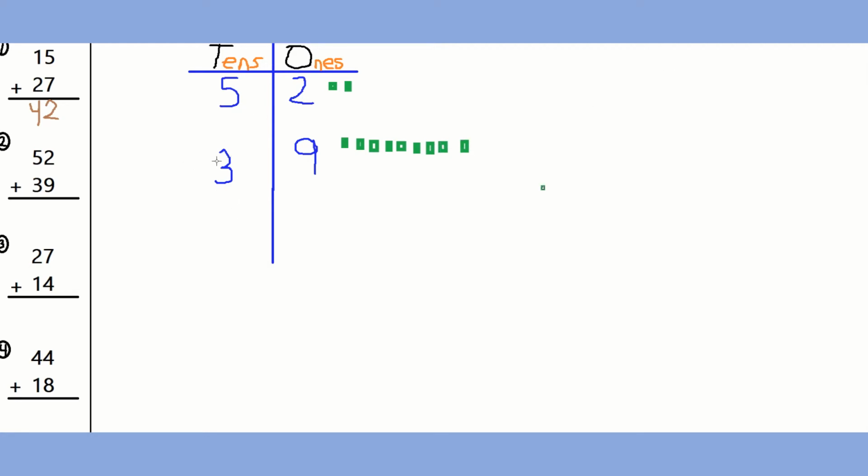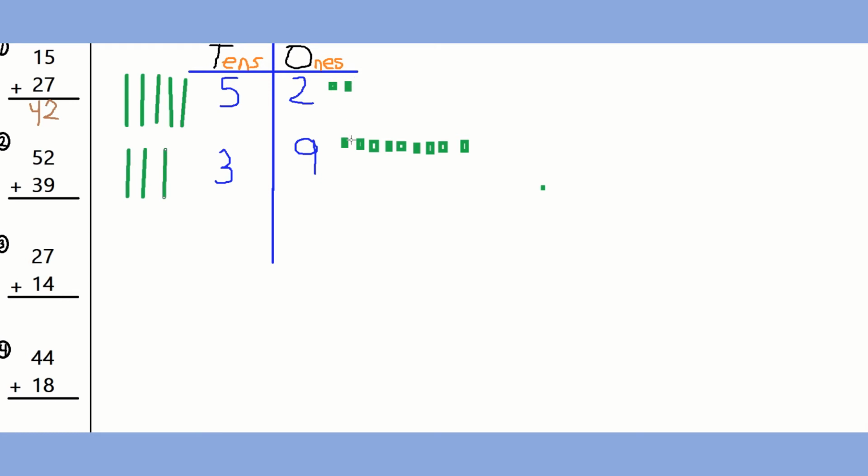And now over here, it tells us that we need 5 10s. 1, 2, 3, 4, 5. Tells us again that we need 3 10s. 1, 2, 3.